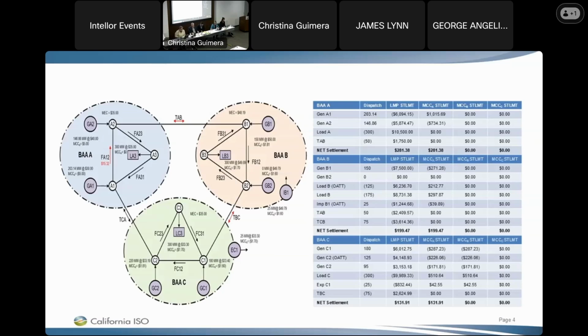I'm expecting from an OATT perspective or the EDAM BA's allocation on tier one as to if I've got $2 between this import and or this generator and load, you will have told or identified which of the customers should get that congestion hedge or what the distribution of that congestion has. So that would require some more discussion.